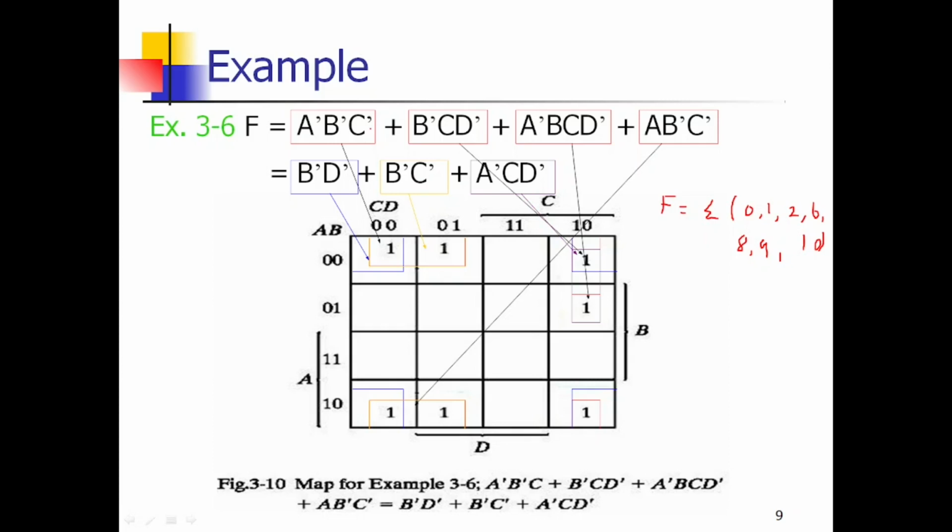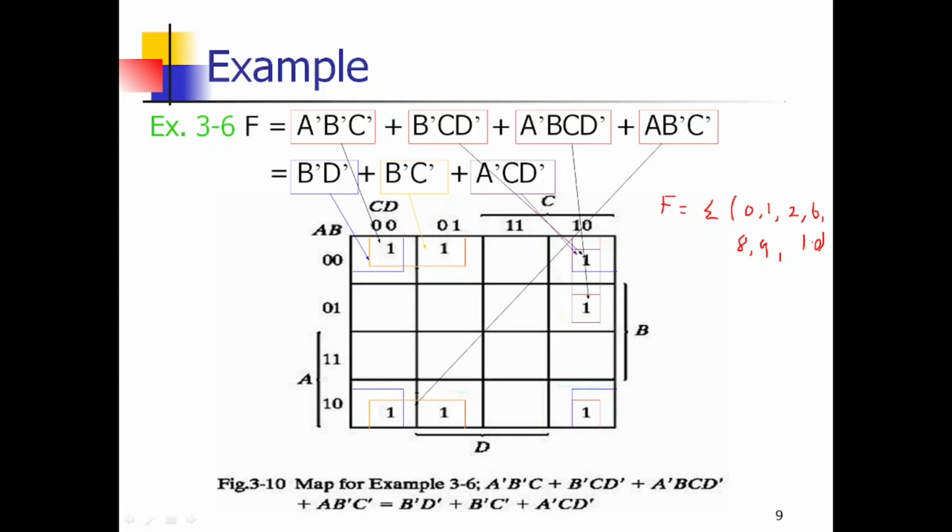So we have to check each and every term. If any of the terms is missing any variable, that missing variable has to be included. So by converting the sum of product into sum of minterms, we can obtain 0, 1, 2, 6, 8, 9, 10.